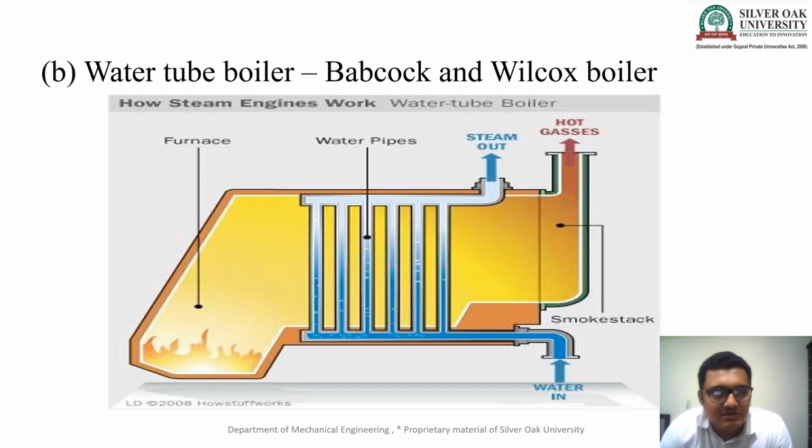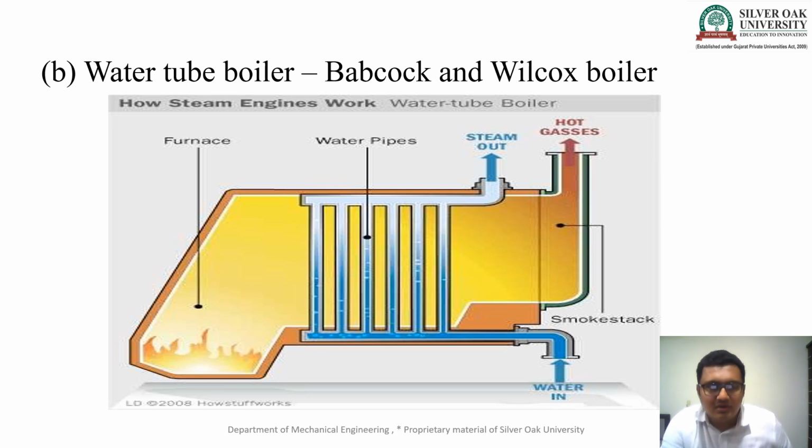Now next one is called the water tube boiler. According to the location of water and hot flue gases, the second type is a water tube boiler. Here you can see the furnace. In the furnace I burn the fuel. Fuel may be in liquid form, gas form, or solid form. After burning, the hot flue gases are generated and go outside the tube, and inside the tube you can see the water inserted, and here is the steam outlet.